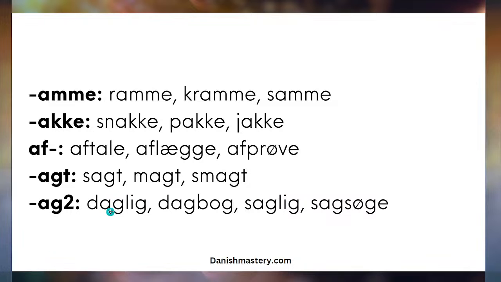Like on their own, it's day, and then say. But because they're prefixes, then they are pronounced dag and sav. Daglig, dagbog, saglig, sagsøge. Okay? So that's how it is.